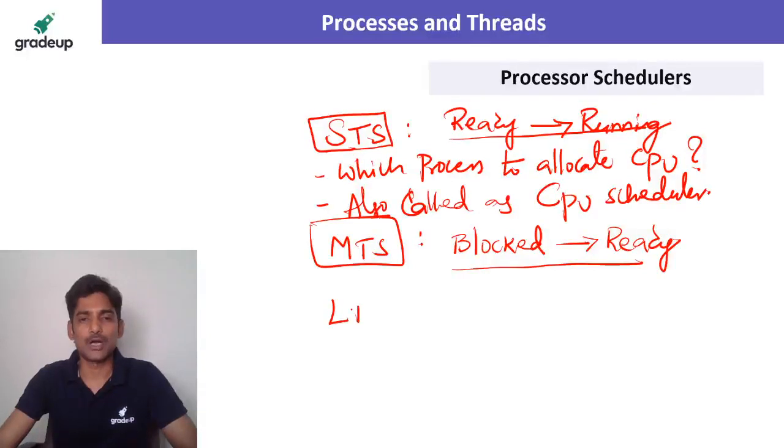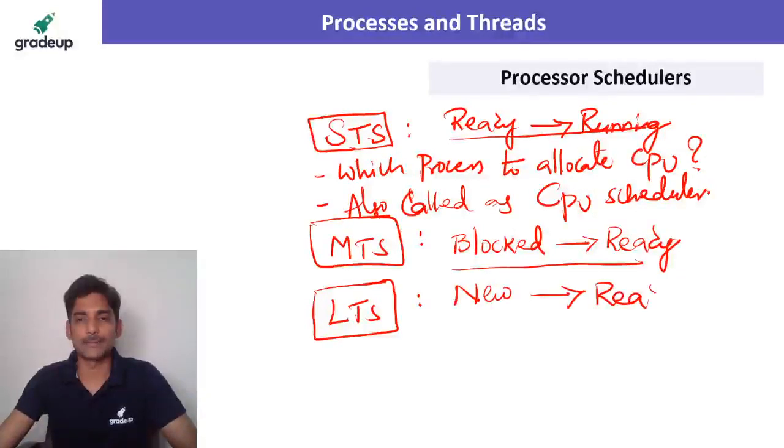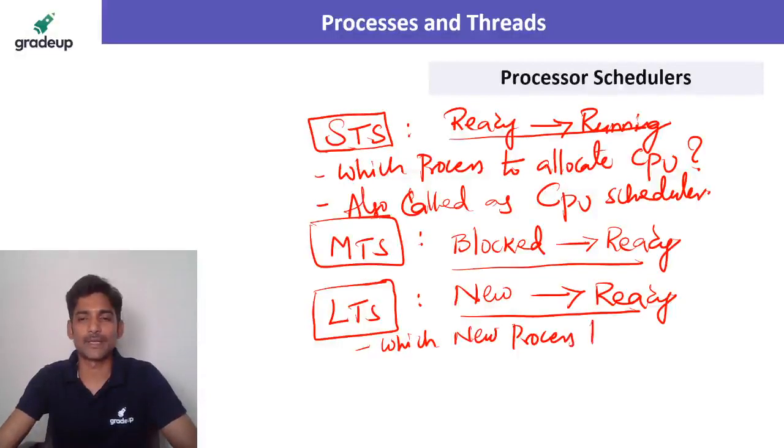And the long-term scheduler will decide which new process to admit into main memory. This transition is decided by the long-term scheduler, which new process to admit into main memory.